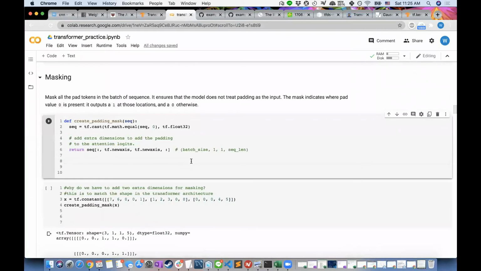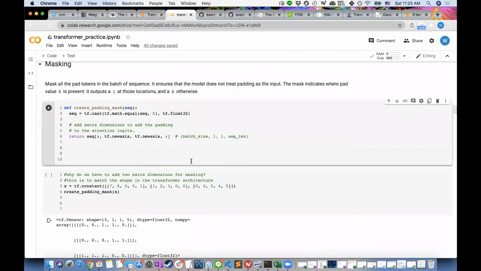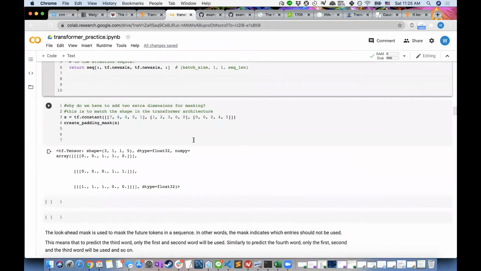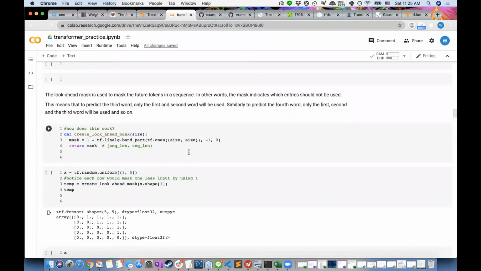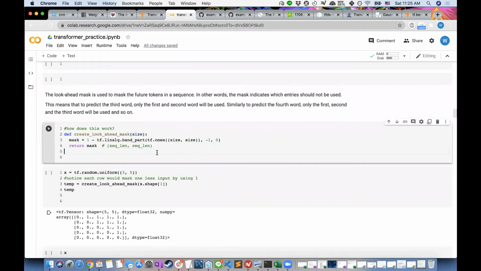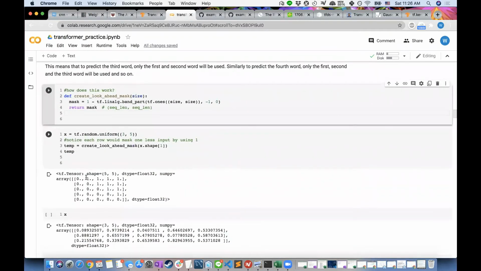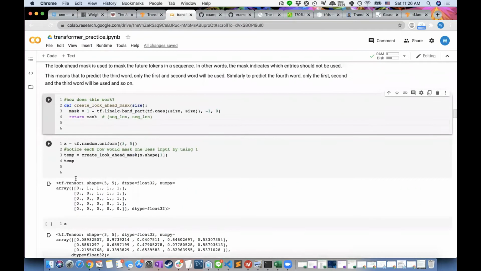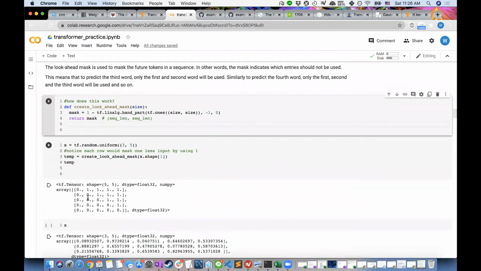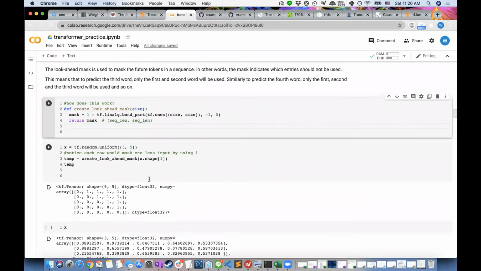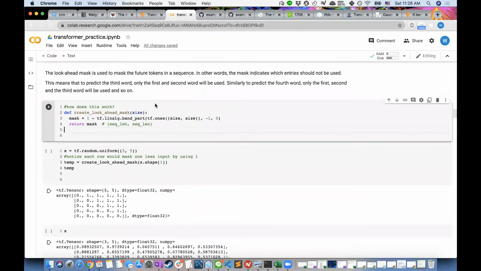Okay, so masking, we talked about that already. And the create look-ahead mask is just to make sure your model does not look at the information that it shouldn't look at, and it's used to mask the future tokens in the sequence.